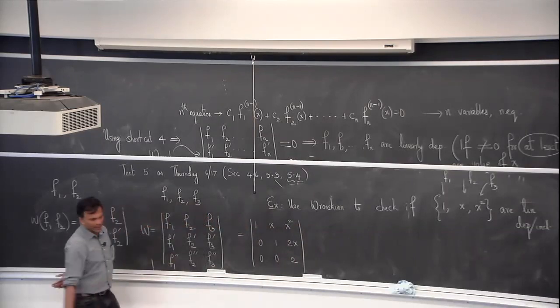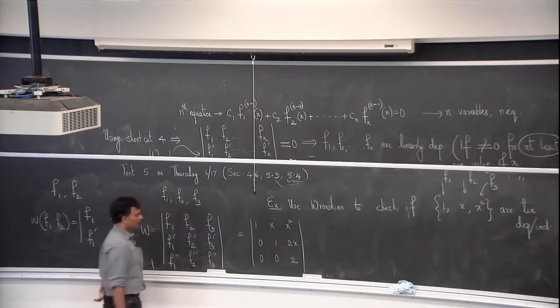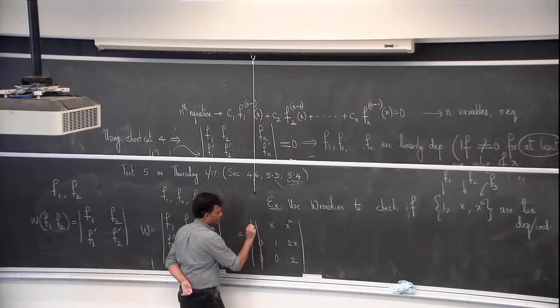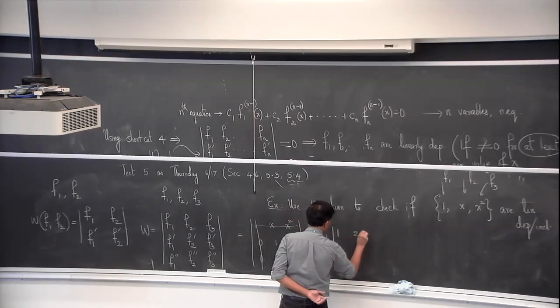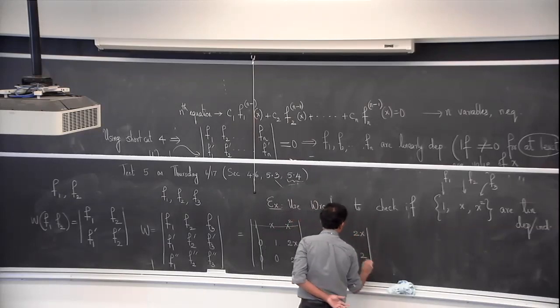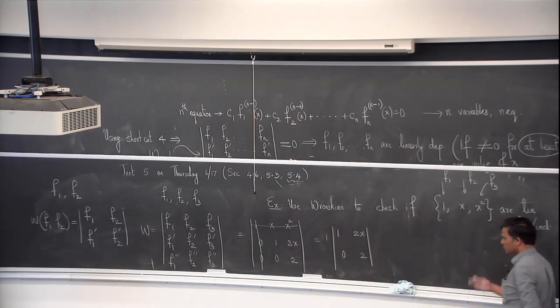So it's a 3 by 3 determinant. You can just use the first column to expand it if you want. Expand it on the first column, and you get 1 times the determinant of 1, 2x, 0, 2, which is equal to 2.